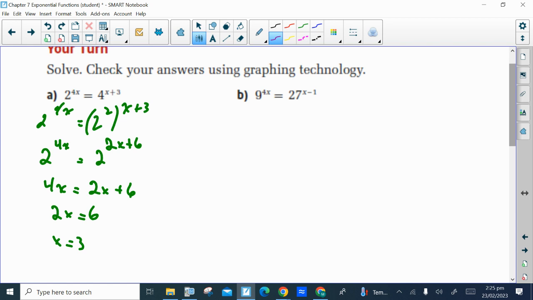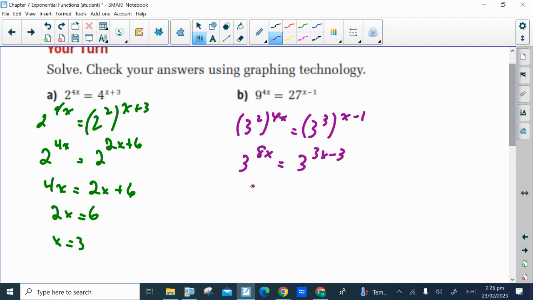For question B, we could write both of those with a base of 3. 9 is 3 squared to the 4x, and that equals 27, which is 3 cubed to the x minus 1. So we'll get 3 to the 8x equals 3 to the 3x minus 3. So now we've expressed both sides as a single power with the same base, so the exponents will be equal as well.